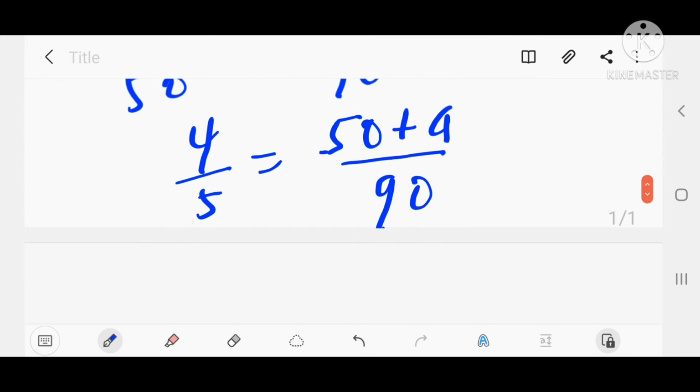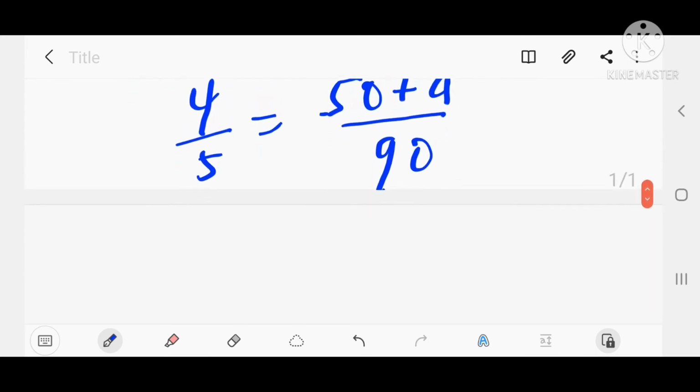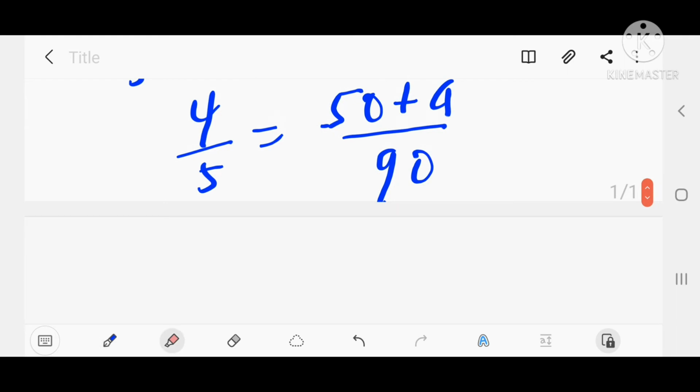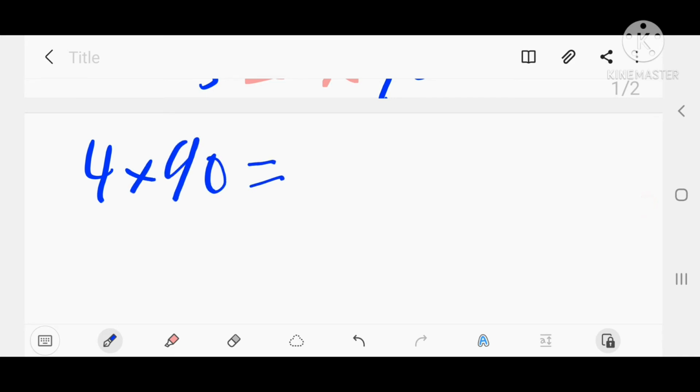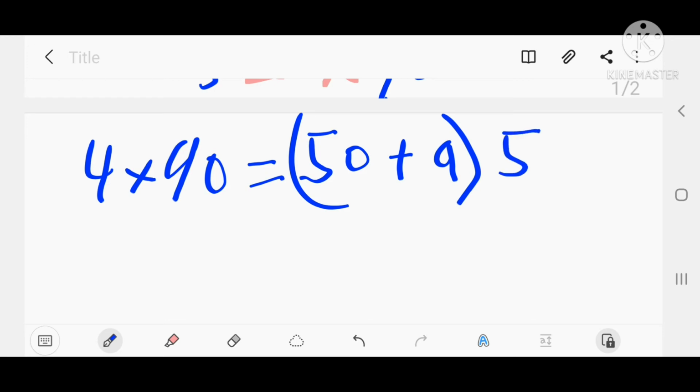To make it simple, we let the denominator 90 multiply the 4, and the 5 multiplies the 50 plus a. So we have 4 times 90 equals 50 plus a, being multiplied by 5.